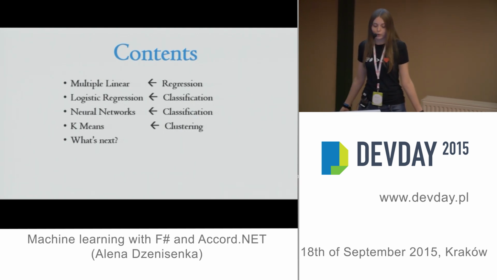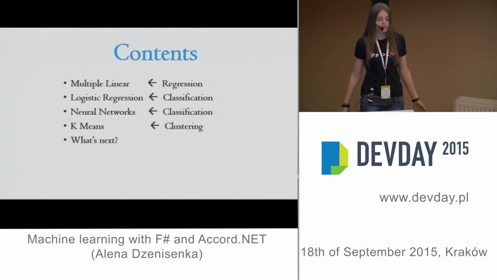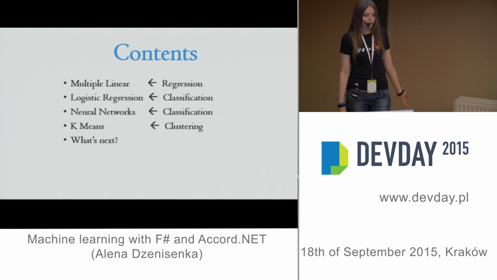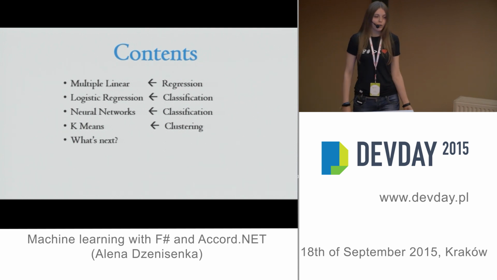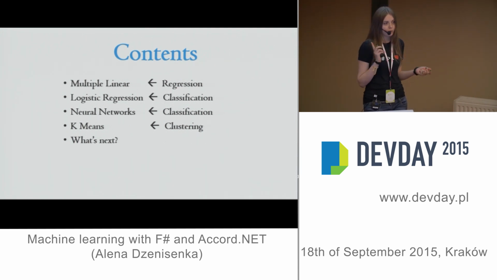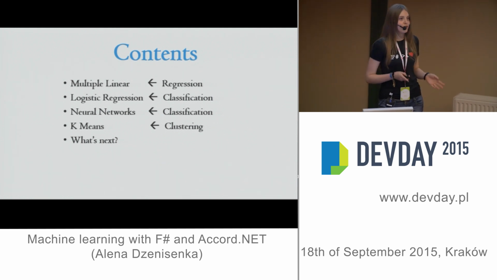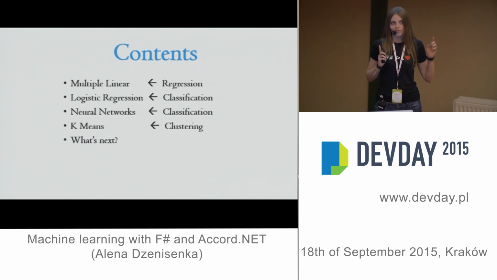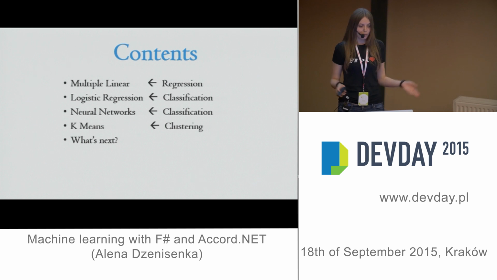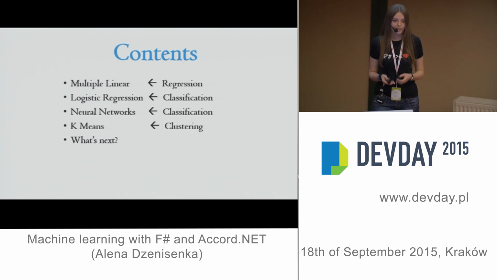I will try to walk you through some examples of what we can do in .NET and F# with Accord.NET. I will show you 4 examples, 1 on regression, 2 on classification, and 1 on clustering if we have time. I intentionally chose fairly simple examples, so you'll be able to focus on the actual algorithms instead of diving into the example domain.